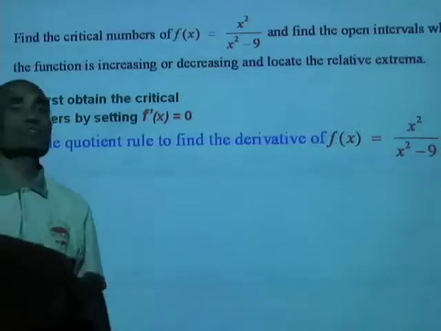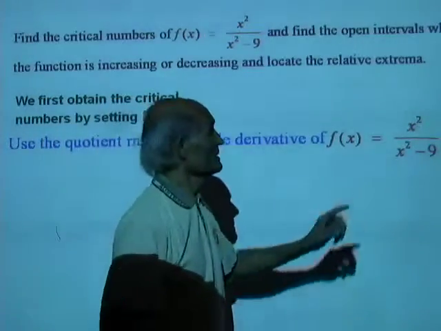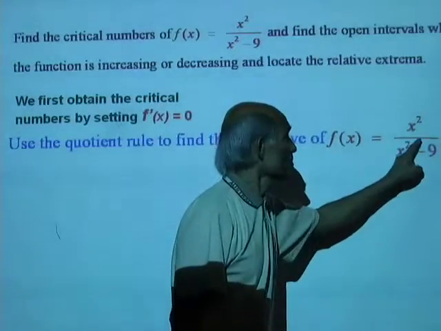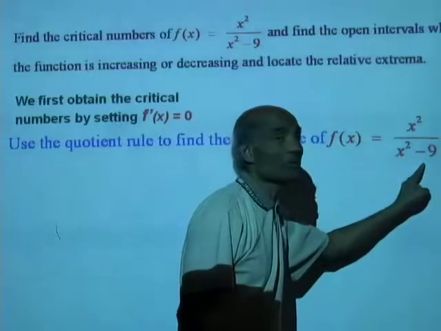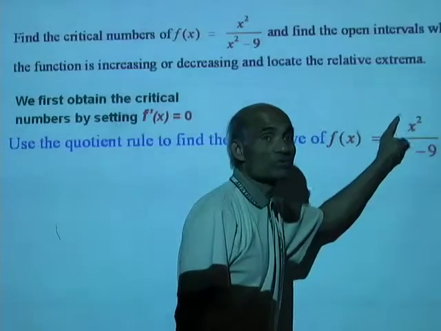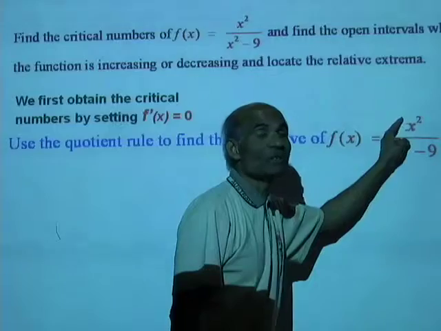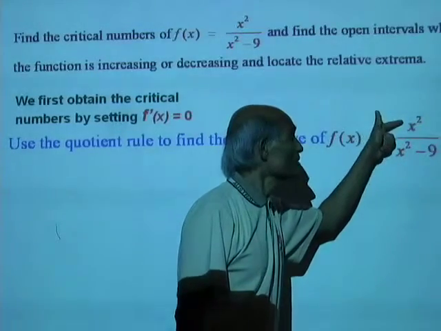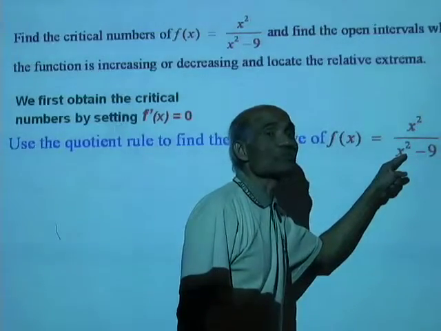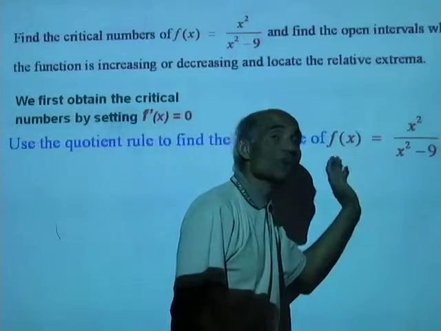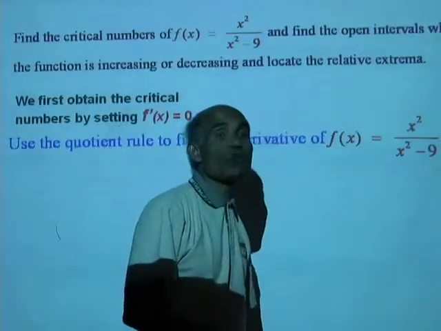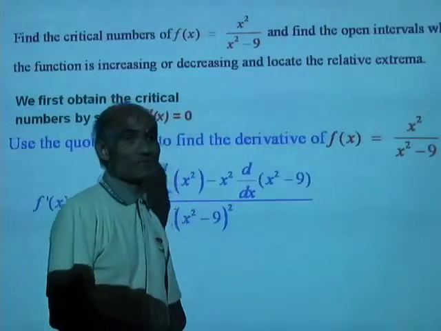Can you do the derivative of this? Remember, the derivative of this is the denominator times the derivative of the numerator minus the numerator times the derivative of the denominator, all over the square of the denominator.